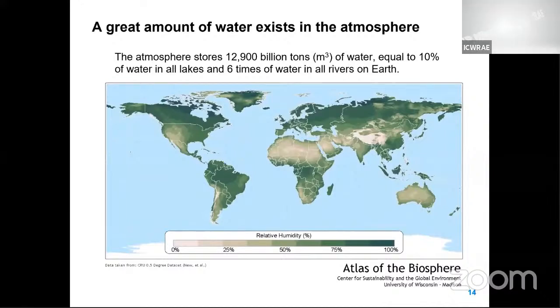However, as I said earlier, I'm not going to talk about this topic today. Instead, I want to talk about how we use atmospheric water to help PV panel to cool, so to get more electricity out of those PV panels.